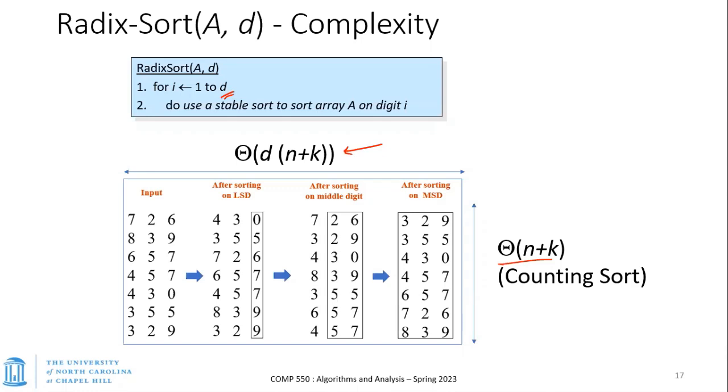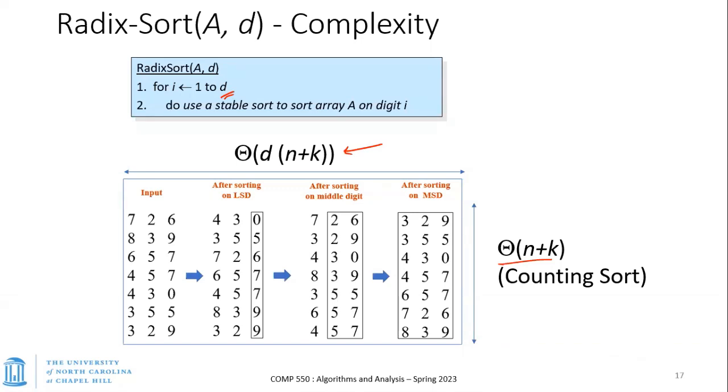Can you make an argument either way, whether you would consider this as linear sort or not? Yes, Kyle. Right. Did you say D could be as small as 30 or 40?